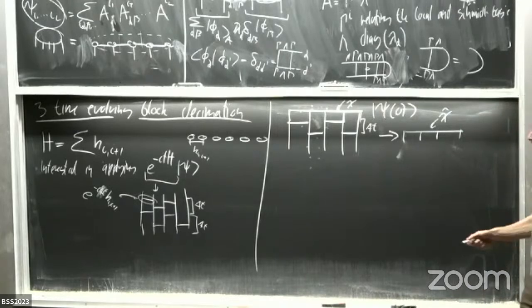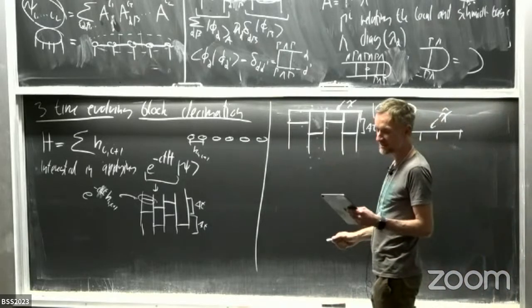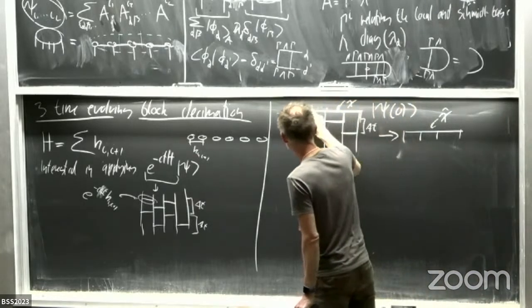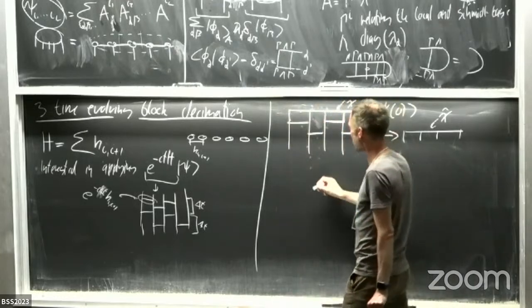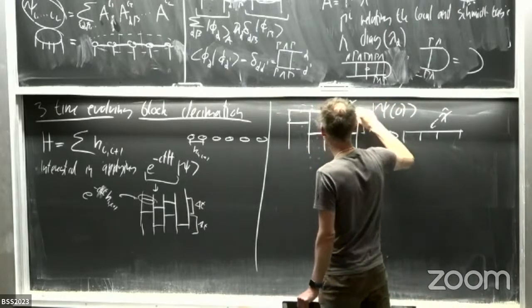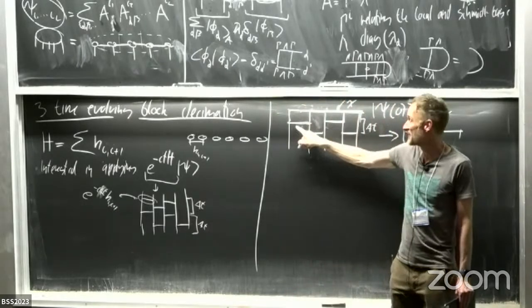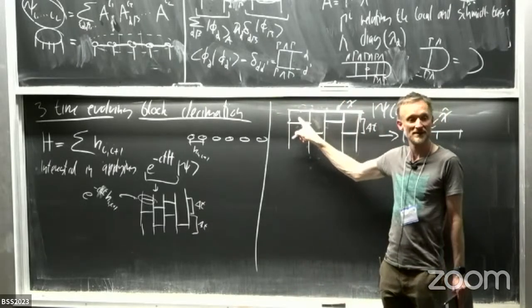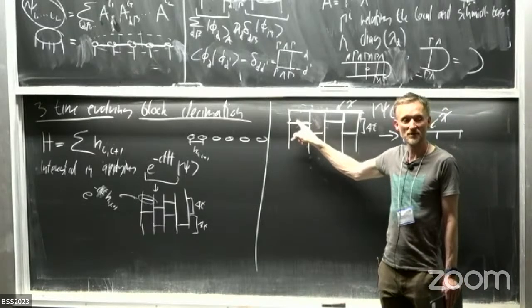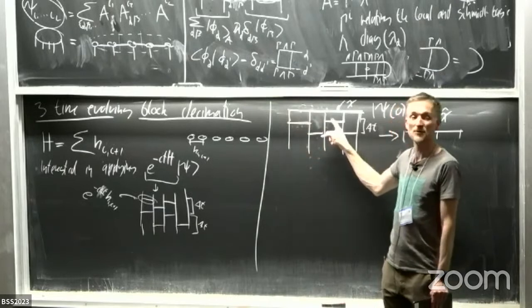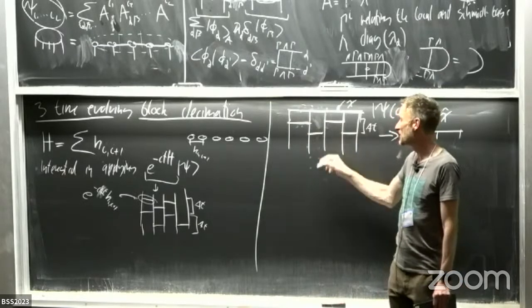And the key idea of time evolving block decimation is the following: we do this sequentially. We start with our state, and let us first apply a gate on the first bond and do this in an optimal way, so that we absorb this into the state. Then we can go to the next one, and we just do it sequentially.